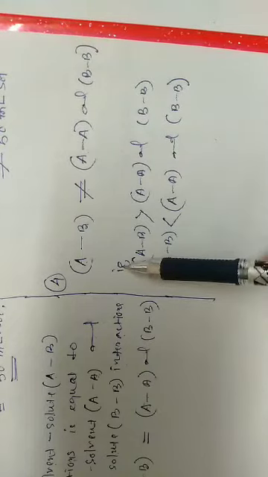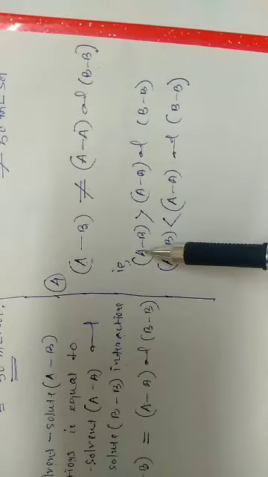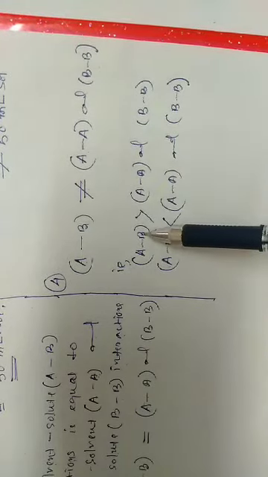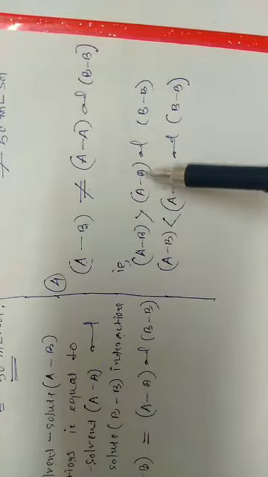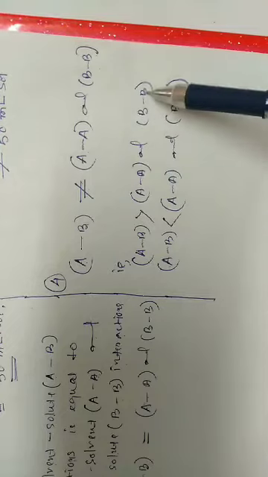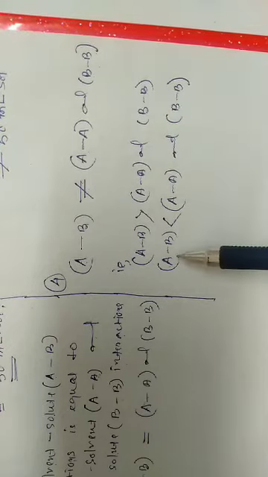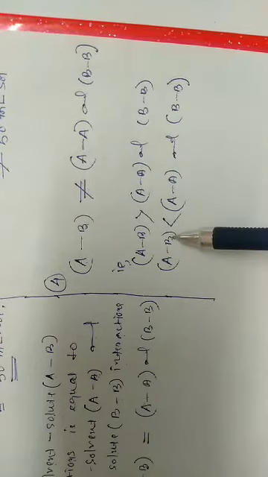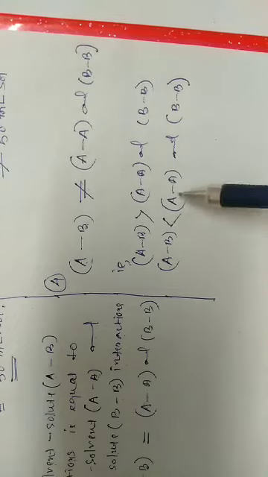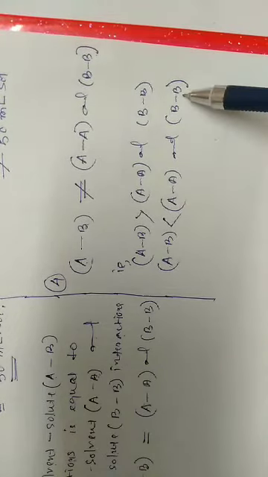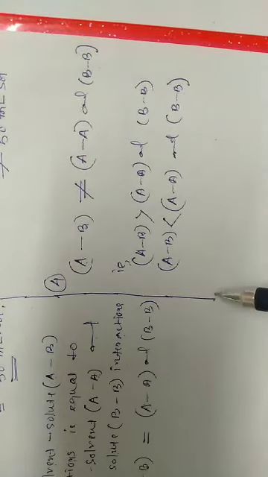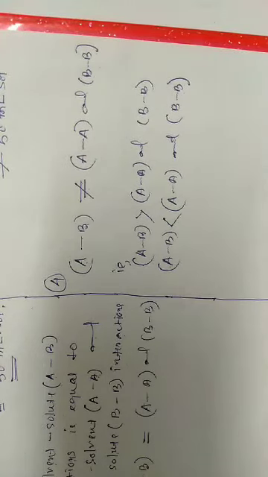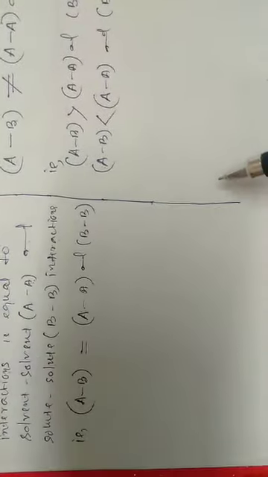That is, in a non-ideal solution, solvent-solute interactions may be greater than solvent-solvent and solute-solute interaction, or AB interaction may be smaller than solvent-solvent and solute-solute interactions. So these are the differences between the ideal and non-ideal solutions.